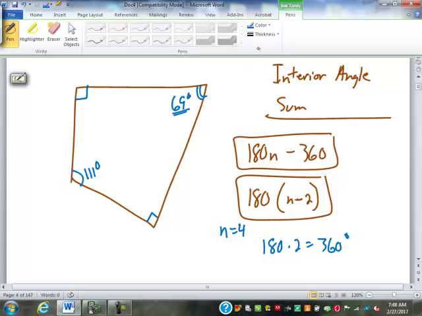It has to be 69 degrees. How do we get that? Well, 360 is the total for a four-sided figure. Subtract 90, subtract 111, subtract 90, you get 69 degrees.